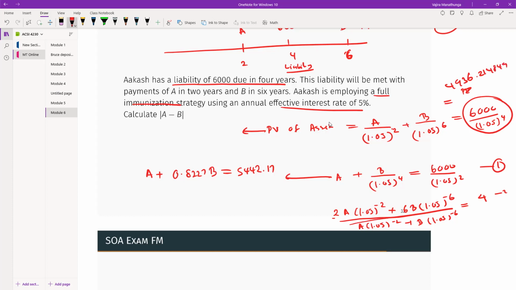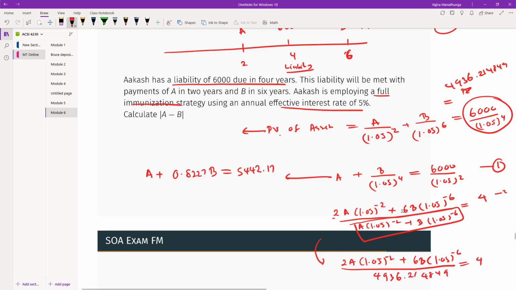So this value basically is that. Let me write one more line. So 2 times A ... 4936 equals 4.